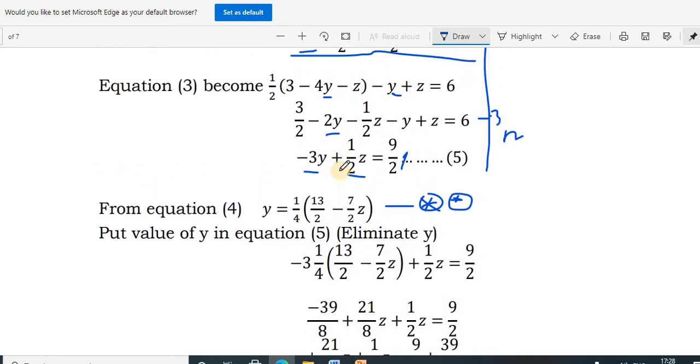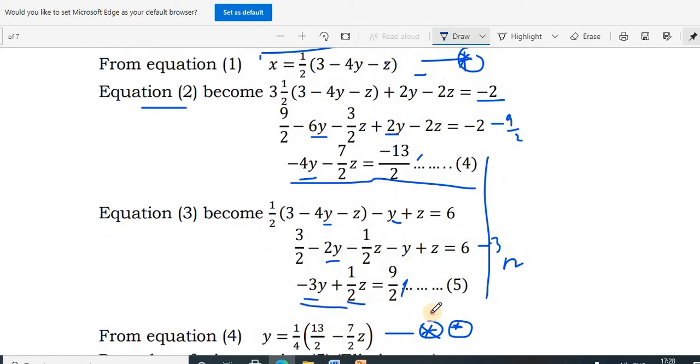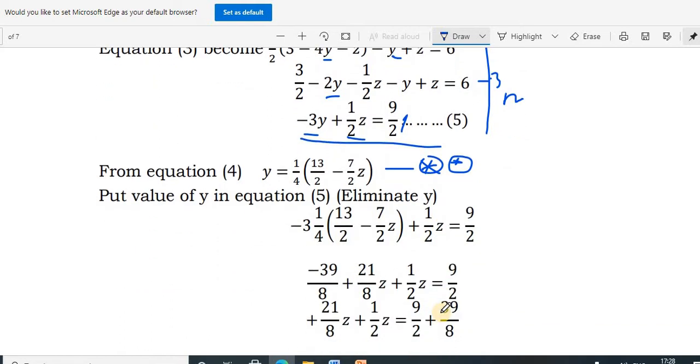Now we put this value in equation 5. What is equation 5? 3 times y. So 3 times 1 by 4 into 13 by 2 minus 7 by 2z, plus this 1 by 2z is equal to 9 by 2. So simplify this: 3 by 4 into 7 by 2. So it becomes 3 into 7, this is 21 by 8z.